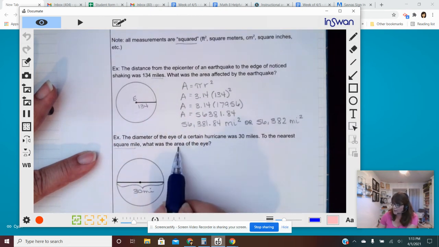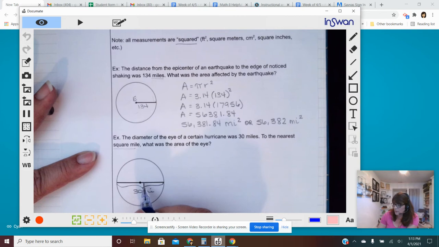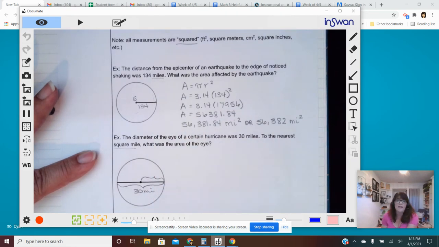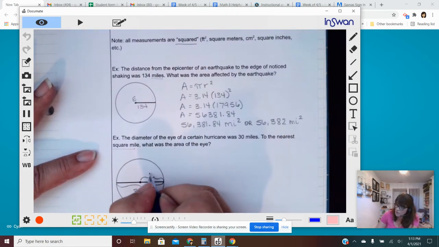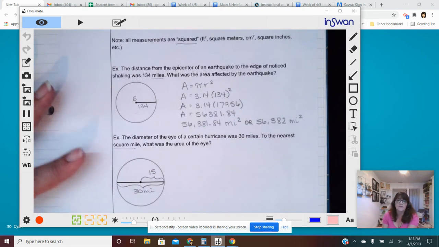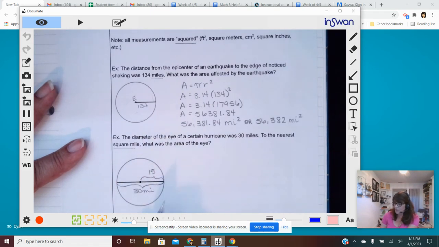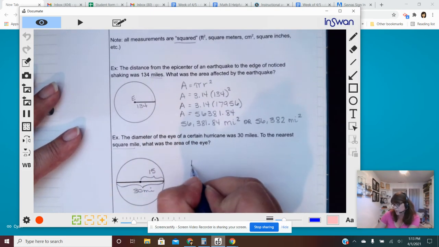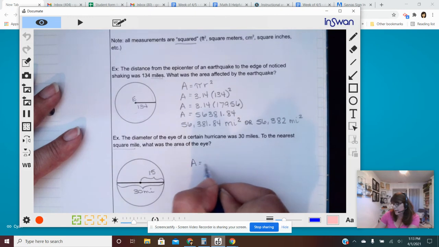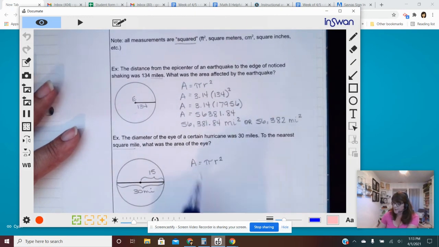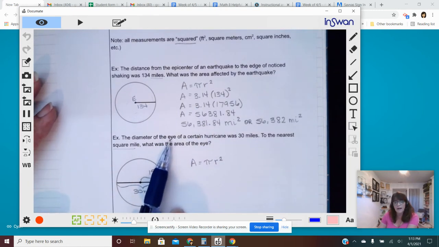What is the area of the eye? Well, this is the diameter. We need just the radius. Just the radius is 15. Make sure that is something that you're paying attention to, whether it's diameter or radius, because radius is in the formula. Area equals pi times radius squared. So the radius of the eye of the hurricane.